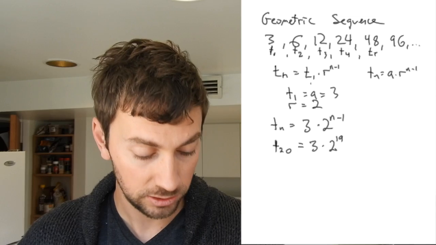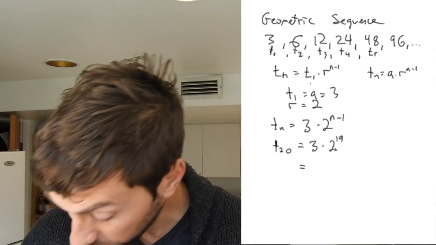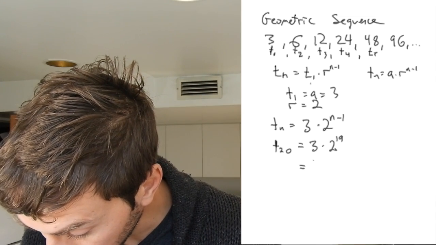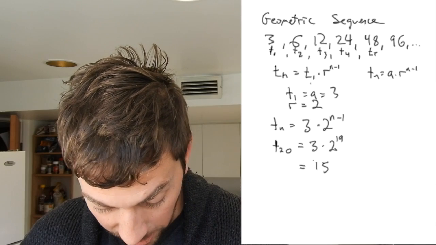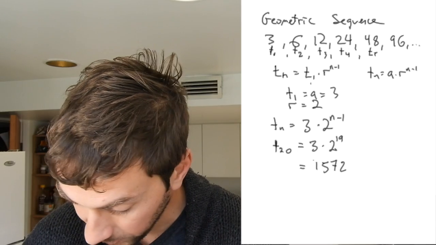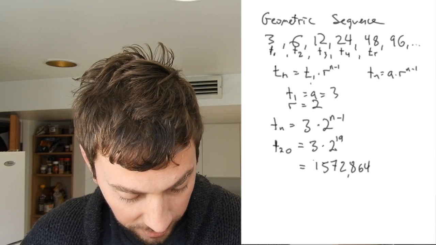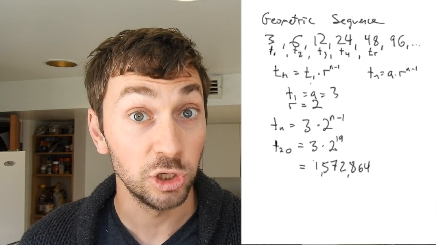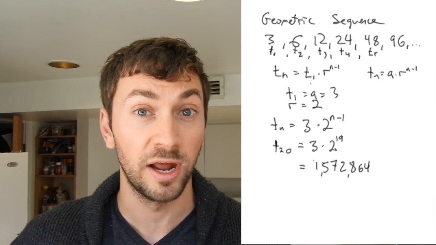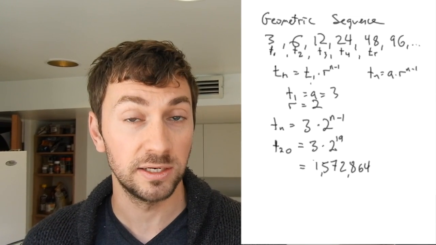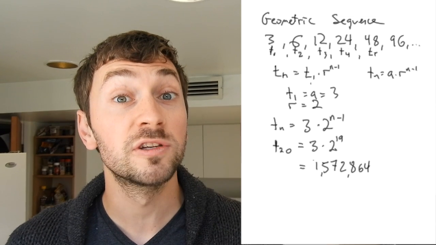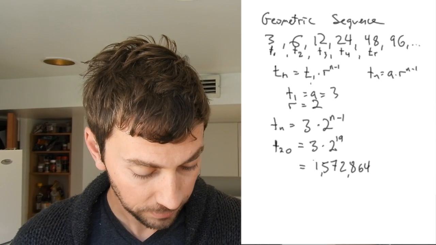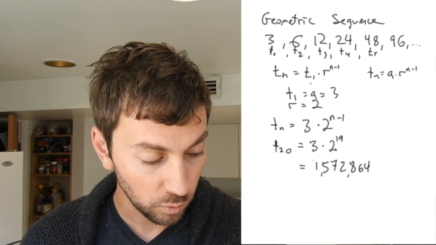If you put this into your calculator, you'll get 1,572,864. You should probably try doing that in a calculator so you can make sure you can learn how to do exponents, 2 to the power of 19. And remember, exponents first, timesing second. Okay, so there is one example.